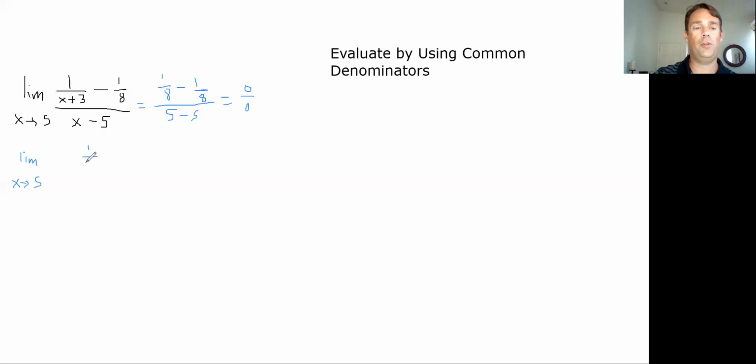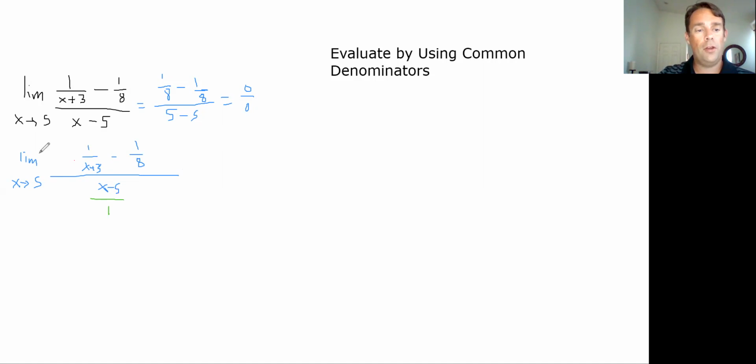So 1 over x plus 3 minus 1/8. And we're going to multiply everything. Oh, I forgot the x minus 5 down here. Now don't forget this x minus 5. I'm going to put that together as just over 1. So we're going to multiply everything by the common denominator.